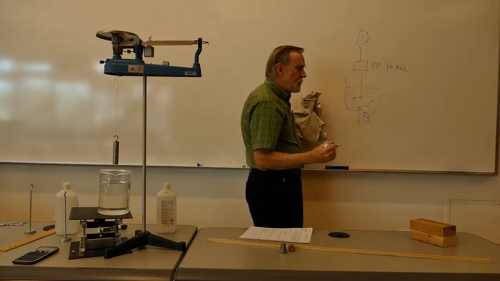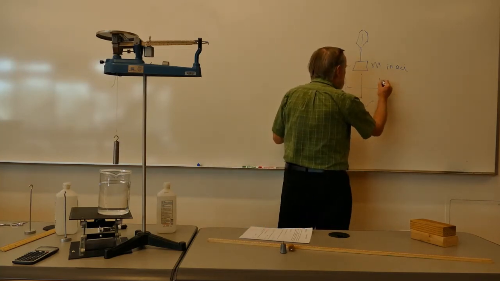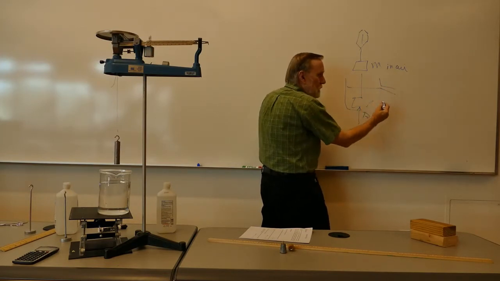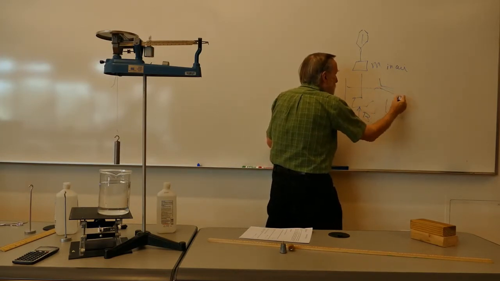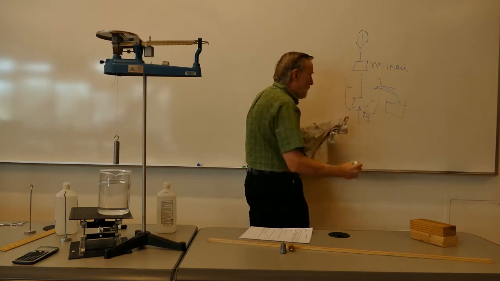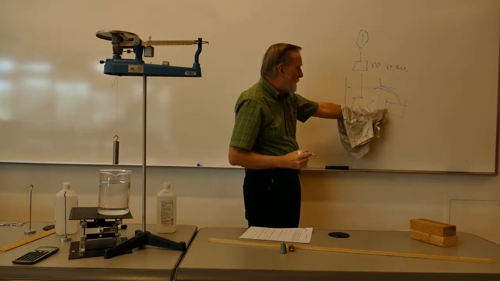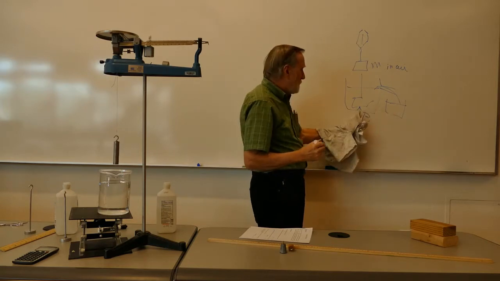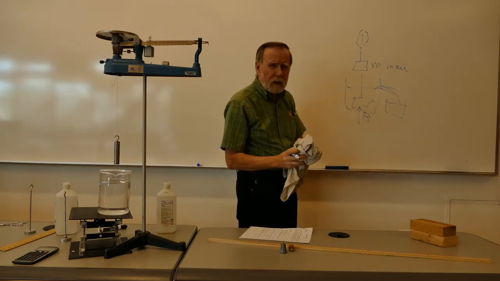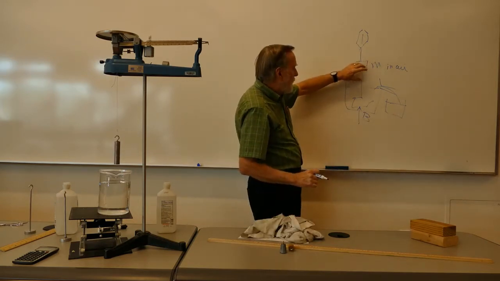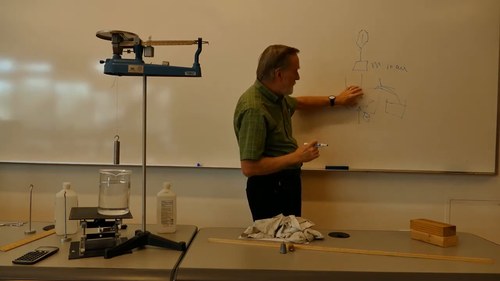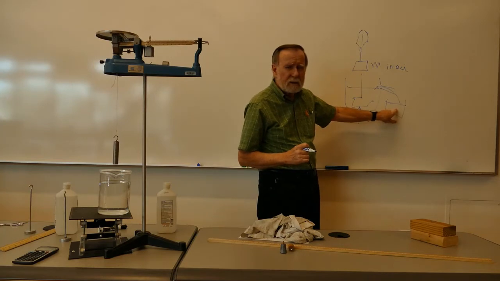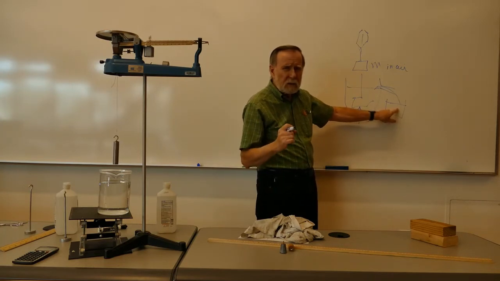Now what Archimedes' principle says is that when we put the object in the water, if we could catch the displaced water in an overflow can, the weight of that water is equal to the buoyancy force. In other words, the amount of mass that the object seems to lose is equal to the weight of the water it displaces. That's Archimedes' principle.